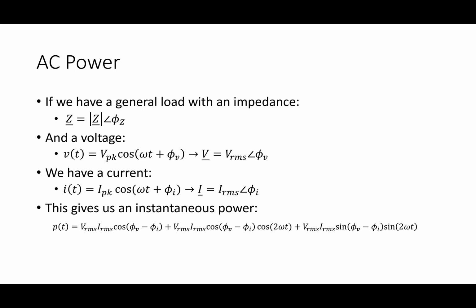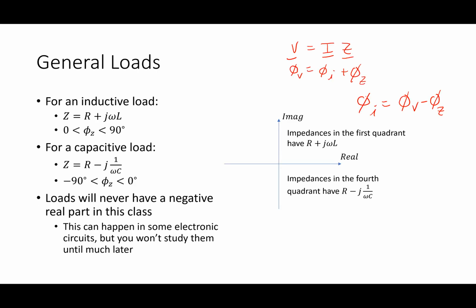That type of thing. I probably won't ask anything about the instantaneous power. I talked about it. It is important, but honestly most people don't think about it too often, so I don't ask you a whole lot of questions about it. Key thing for us, in general with our loads: impedances in the first quadrant are inductive. Impedances in the fourth quadrant are capacitive.